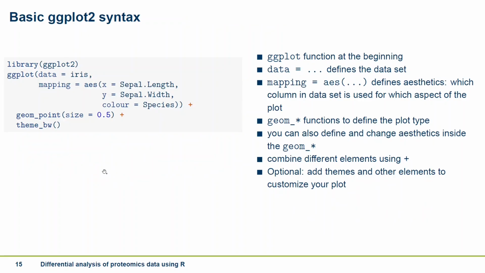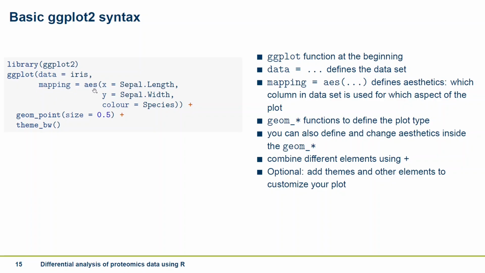Now we will have a deeper look into the basic syntax of ggplot2. So first you load the package, and then you always start your plot with the ggplot function. In this function, you can, for example, define which dataset you want to use, in this case, iris. And then a so-called mapping follows.